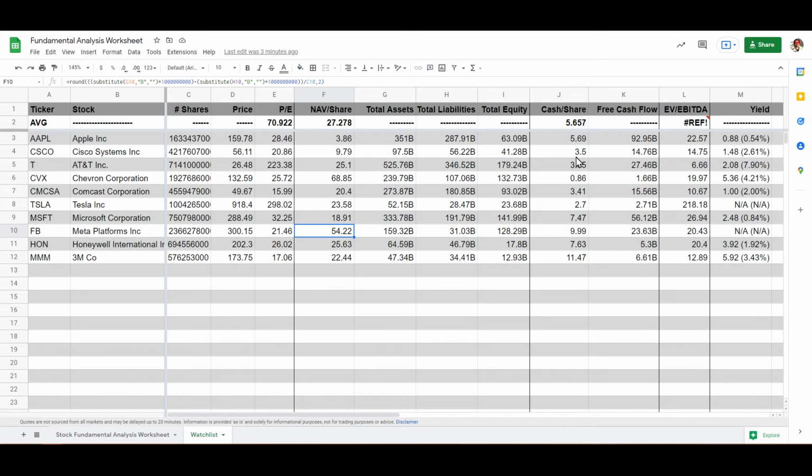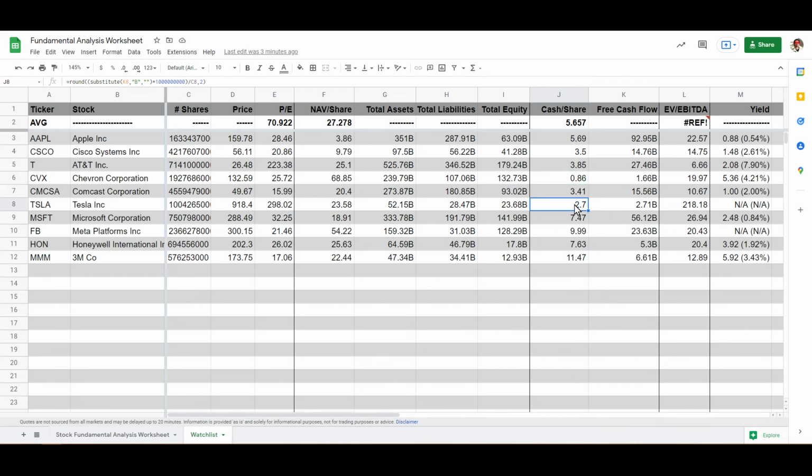But then you also look at their cash flows. The average cash flow out of this list is 5.657 per share. What I want to know is what's the average, and how do these companies compare? A company like Chevron has a low cash flow to share value.